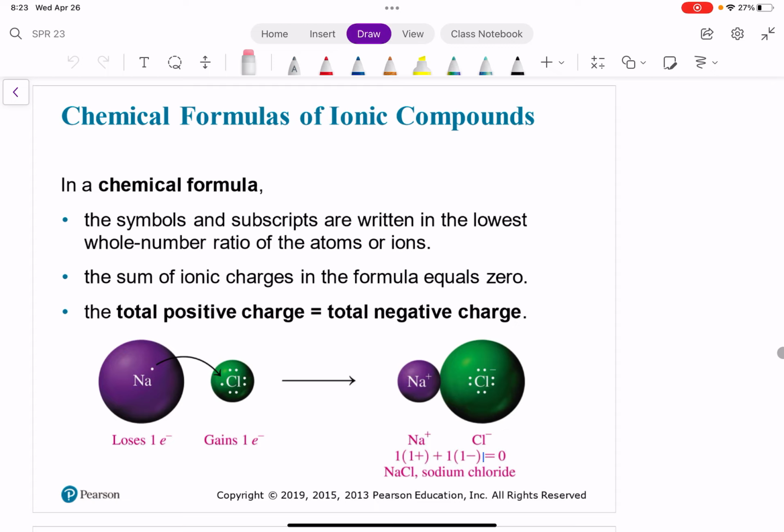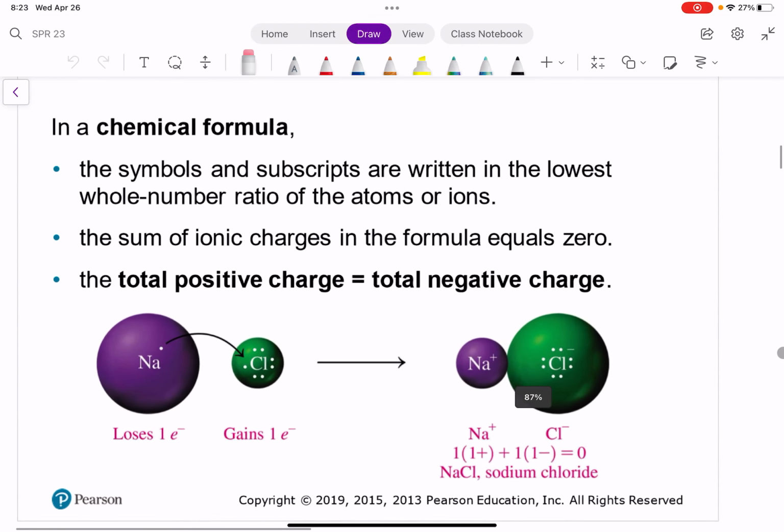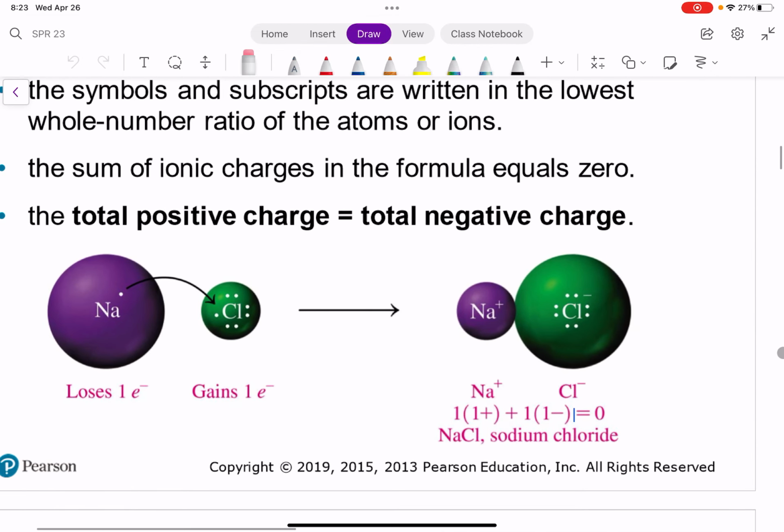Okay, the way that this works, let's look at this example a little bit closer. Remember I said with ionic bonding, one thing is losing electrons and another thing is gaining electrons. So specifically your metal, remember metals like to lose electrons, is losing an electron or more than one, depending on what metal it is, right?